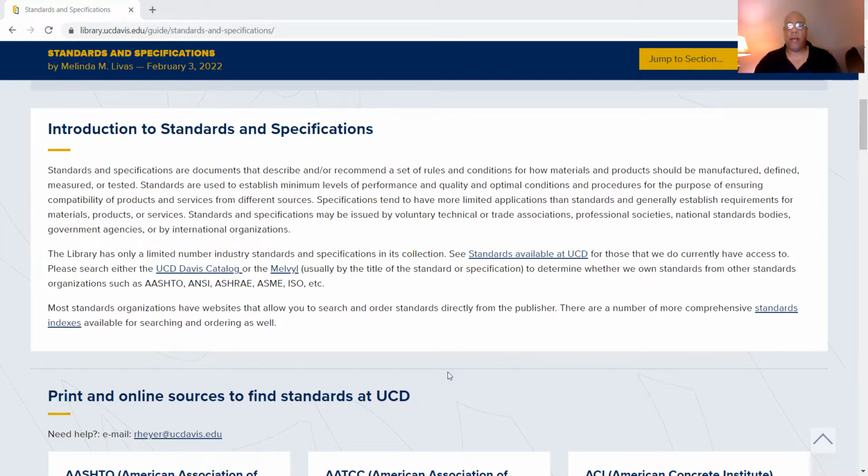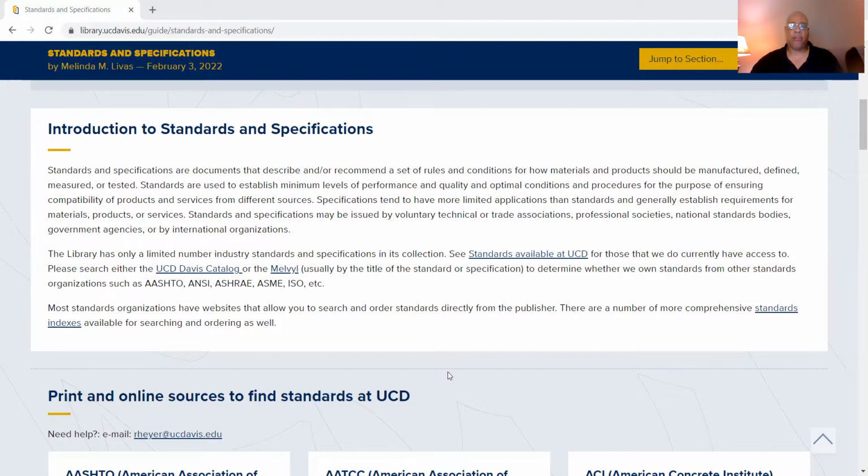Now, specifications tend to have more limited applications than standards and generally establish requirements for materials, products, and or services. Standards and specifications may be issued by voluntary technical or trade organizations, professional societies, national standards bodies, government agencies, and or international organizations.